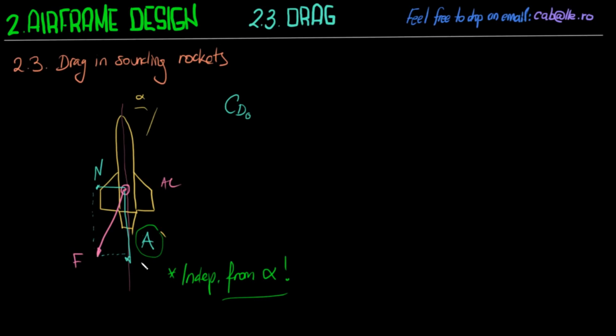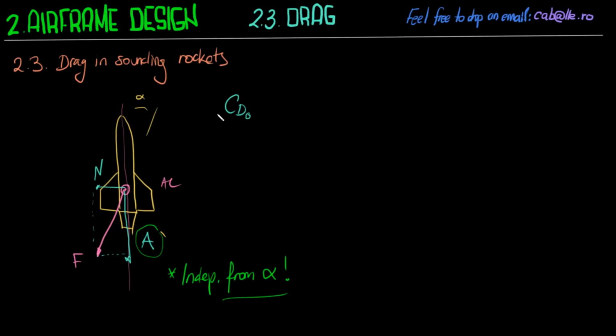Well, this isn't drag. This is axial drag, the component of the aerodynamic force which is projected onto the axis of the rocket. But remember, this isn't drag. Drag is dependent on alpha. Axial drag isn't. That's cool.